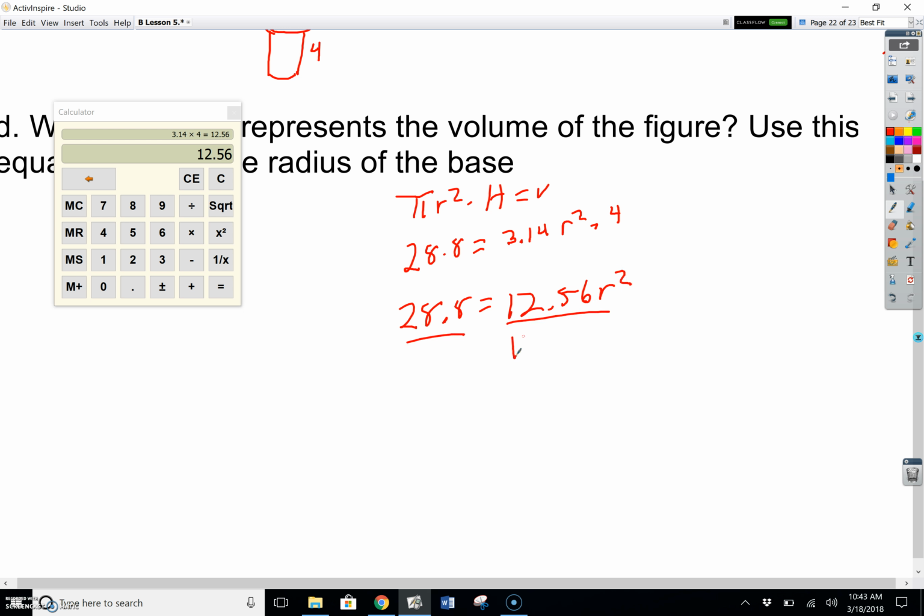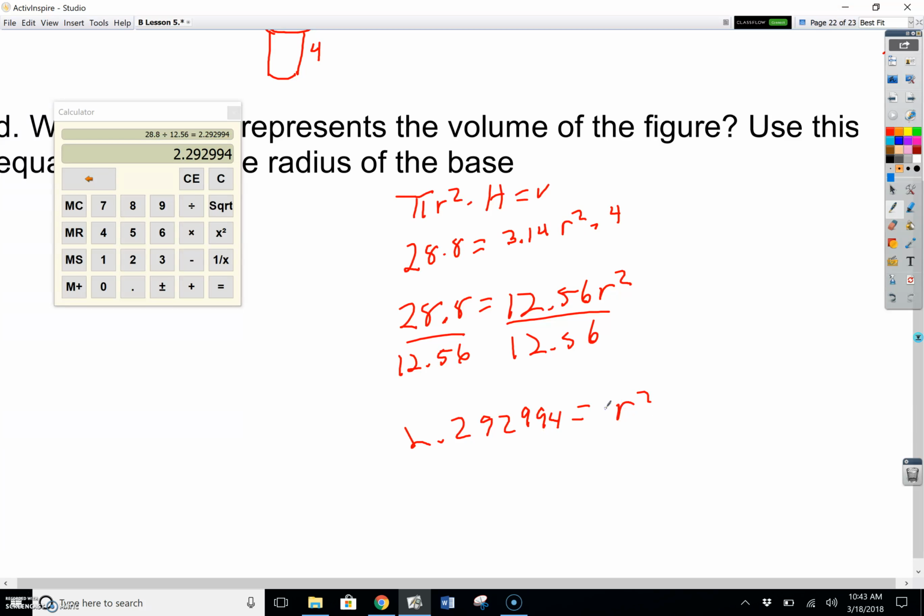I'm now going to divide both sides by 12.56. And that's going to give me 2.292994 equals r squared.